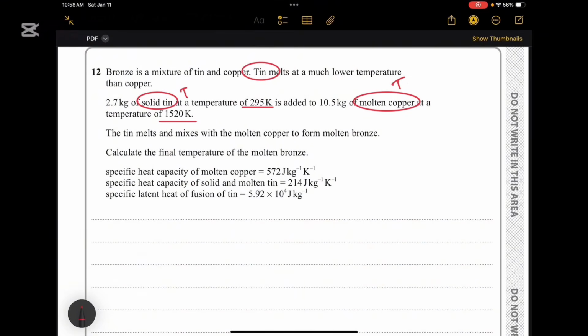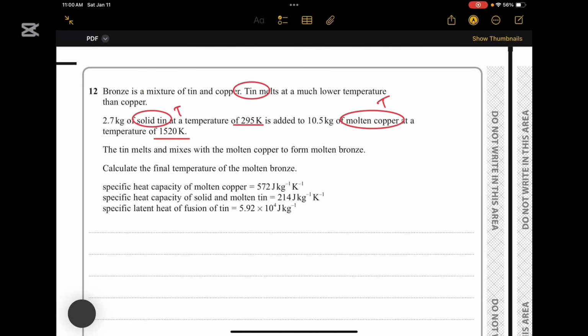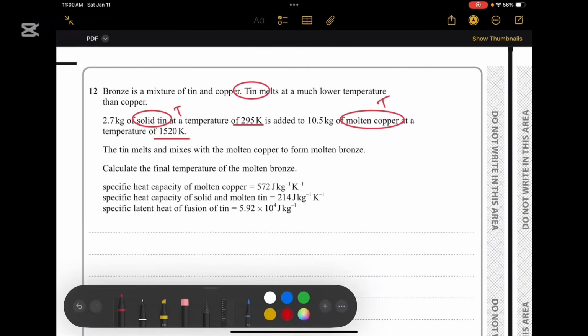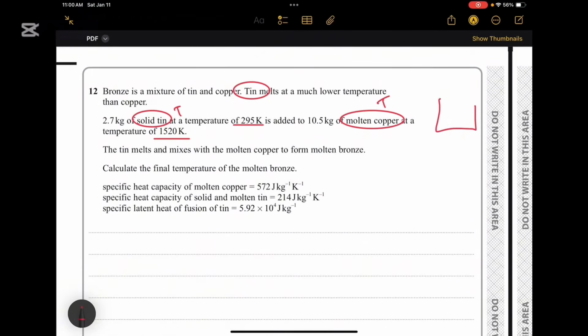Let's say we are actually not dissolving, we are immersing. Let's say we are immersing 2 ice cubes in hot water. So these ice cubes' temperature is much lower than the hot water. So when these ice cubes are immersed into this hot water, the temperature of these ice cubes will increase.